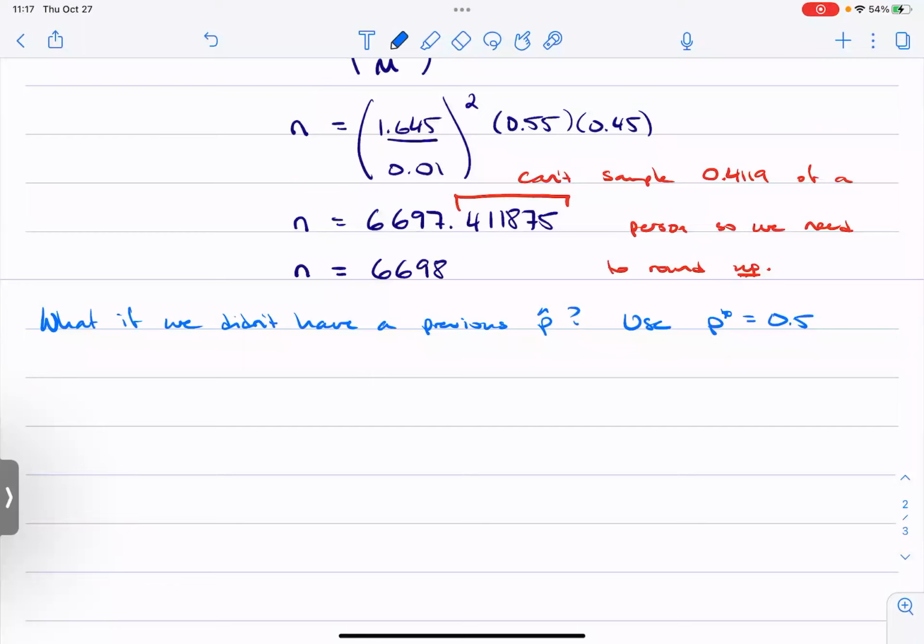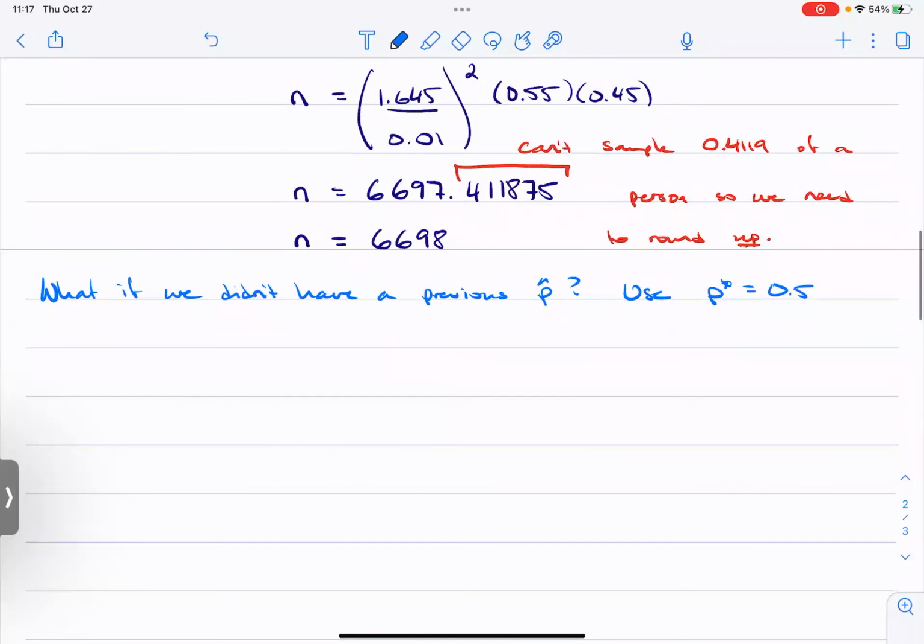But some people had these wheels where you adjusted different portions of the wheel to say what your margin of error is going to be, what confidence level, and then it gave you the sample size. So when I showed them the calculation, their minds were blown. They should have probably seen it at some point, but who knows?